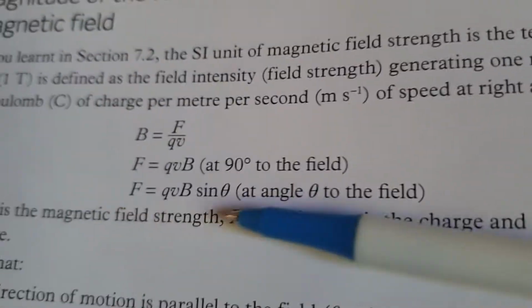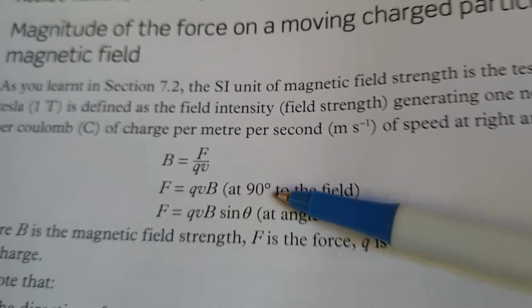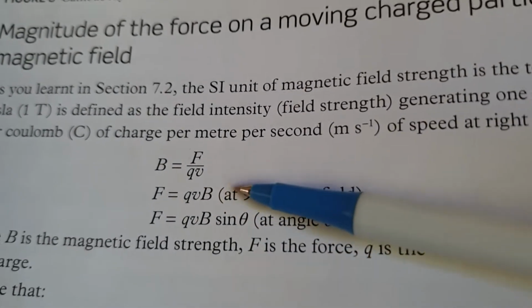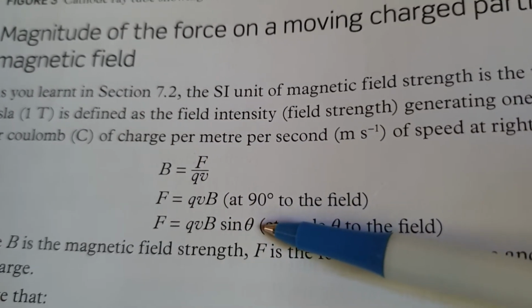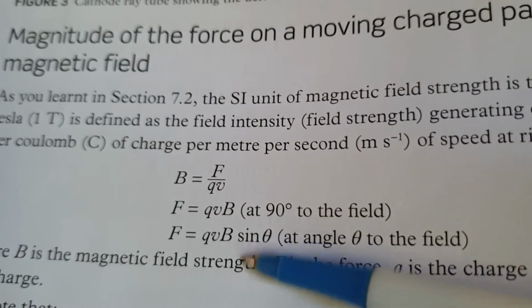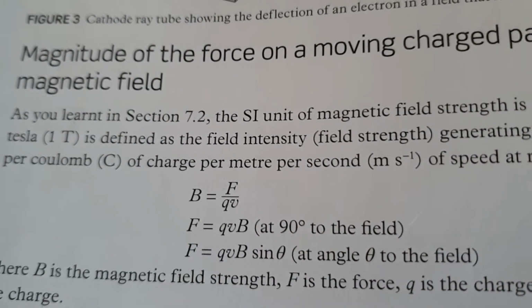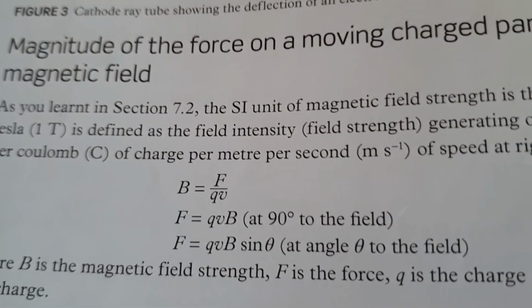It's a sine relationship. If it's at right angles to the field, sine 90 is not 0, it's 1, so that gives you a maximum. Sine of any other angle is going to be a decimal, so that's going to make the force smaller. Normally in the questions, unless it's specified, it's being fired in at a right angle.